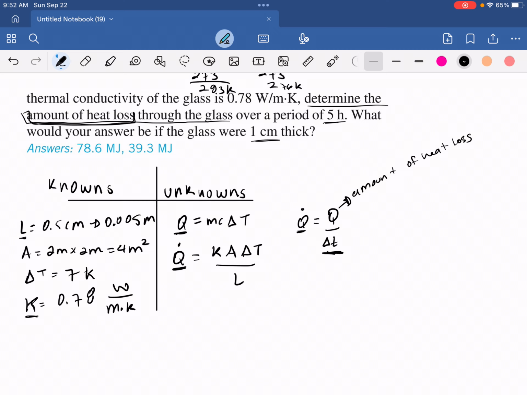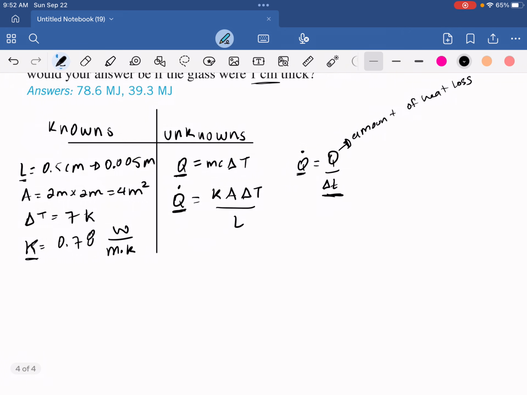There are different ways you can approach this. One of them would just be using this formula. Well, okay, let's do this. Let me solve this. So I have Q dot equals Q over delta t.